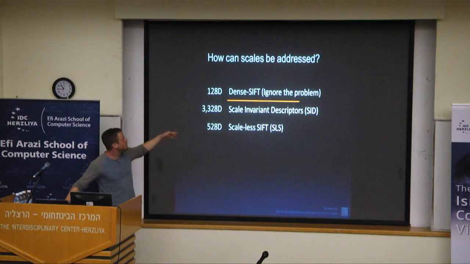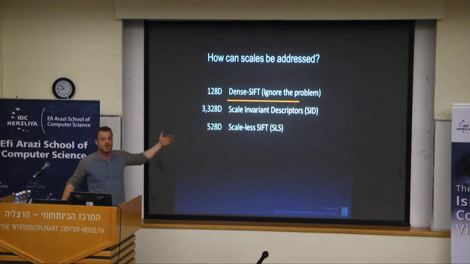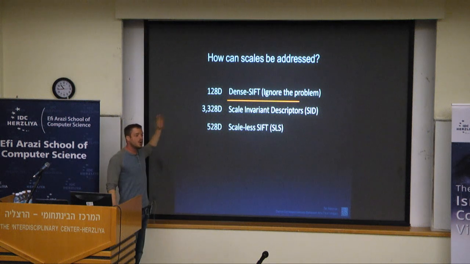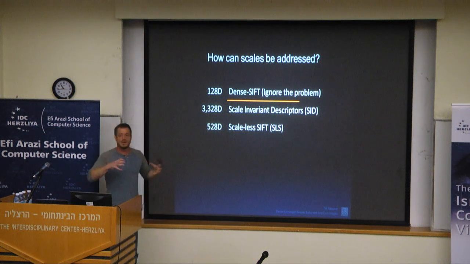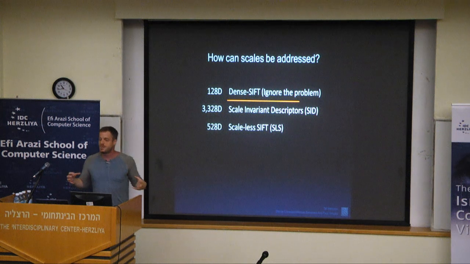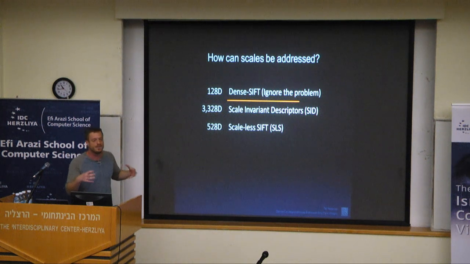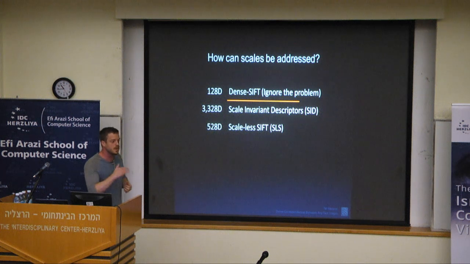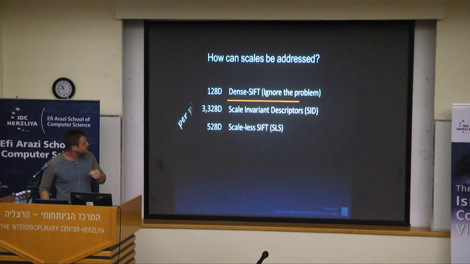But it's still much larger than the original dense SIFT and still requires much more effort to extract than a simple dense SIFT descriptor. And all this effort goes into the descriptor just in order to capture information from multiple scales. That seems like an awful lot of effort just to capture information that appears in multiple scales and bridge across scale differences. And just if that wasn't clear, that's per pixel.